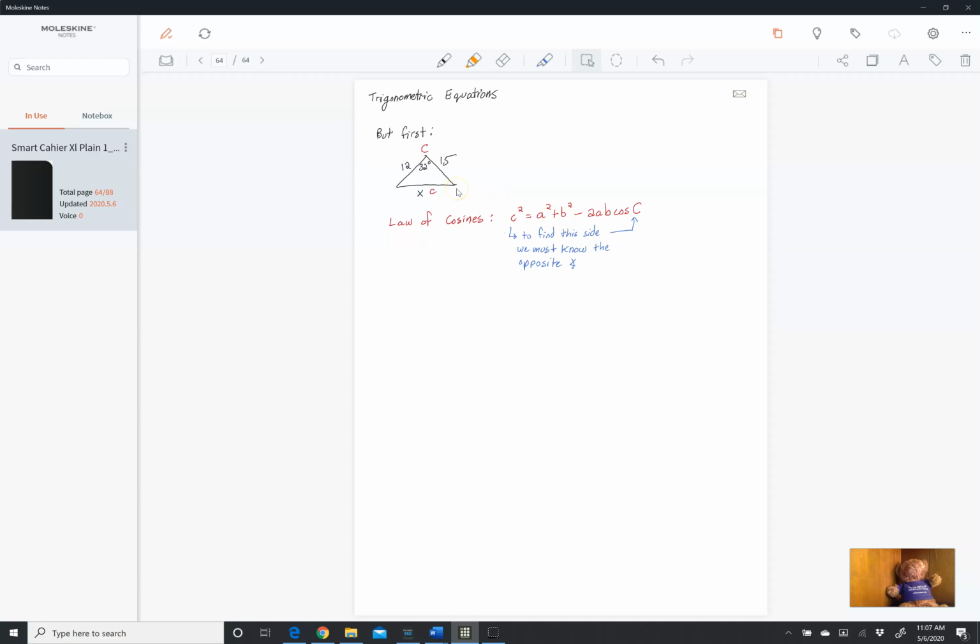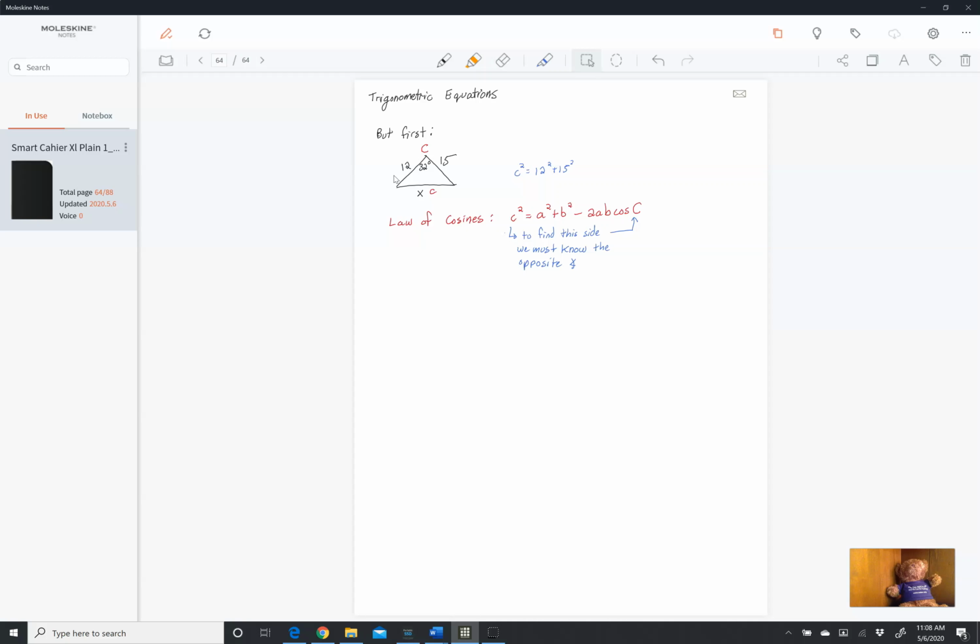So this is what you would use if you have an arrangement like this, where you have two sides, and we call this the included angle. And it's just a plug and chug, okay? It's just c squared is going to equal 12 squared plus 15 squared. It doesn't matter which side is A and which side is B. It makes no difference here.